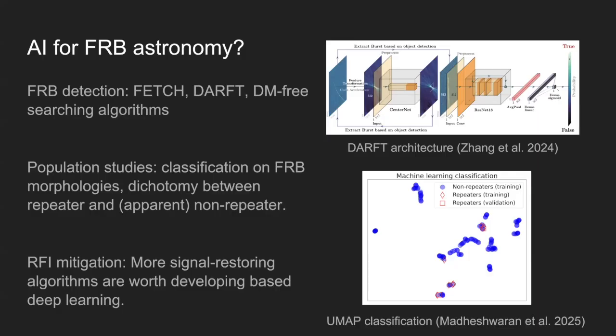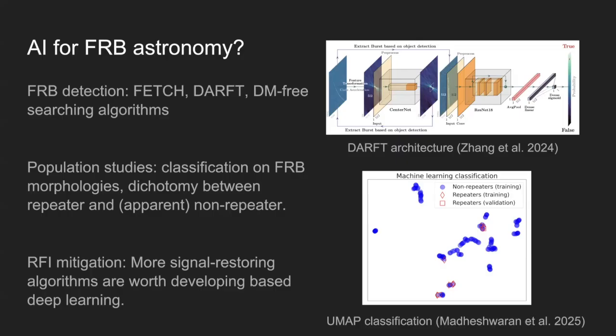That's very powerful. But other people would like to use AI to do population studies, for example, classification of FRB morphology or determining between repeating and non-repeating. Those studies are based on algorithms like UMAP, a clustering method in machine learning. But the issue is how can you prove your result is physical?